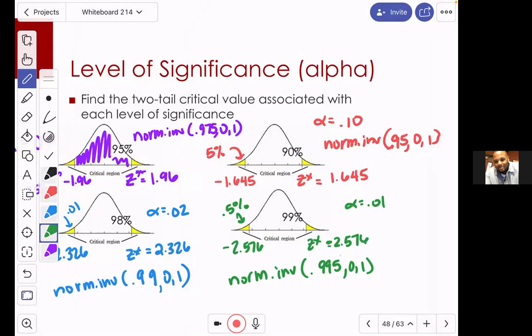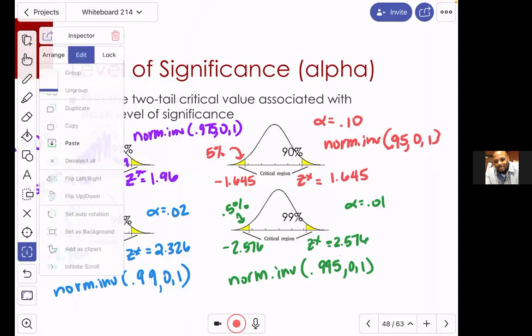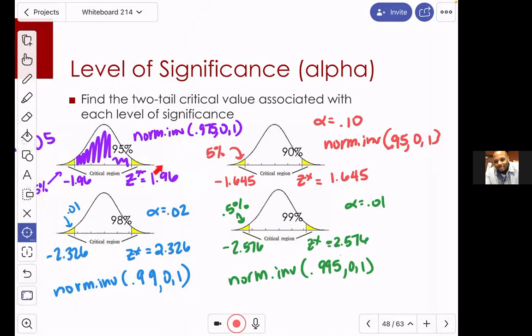So here's what happens then. I want you to notice that as your alpha level starts to decrease, let's start at 10%, when you were at a 10% significance level, you had more area sitting in your tails. As you moved, what happens to the amount of area that's sitting in the tails?